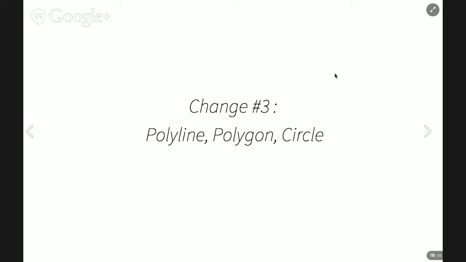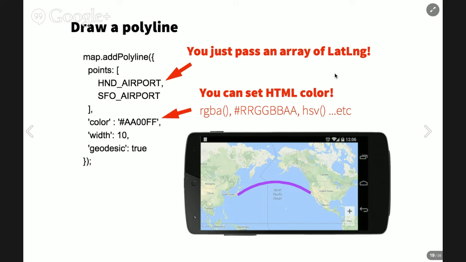So another thing is polyline, polygon, and circle. This is a basic code of drawing a polyline. Just pass an array of latitude and longitude and pass a color.